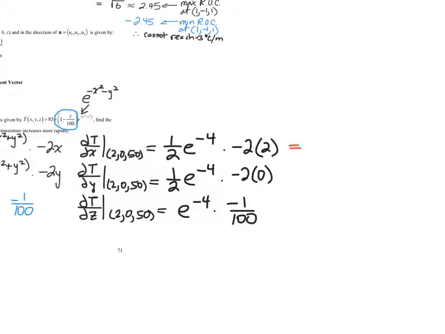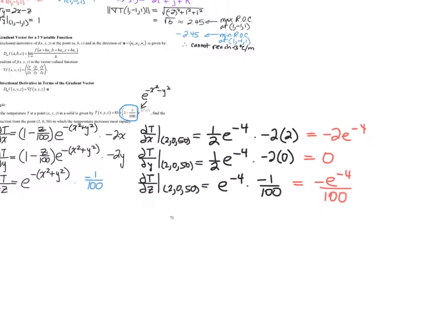So we're looking at -2 e to the -4th, 0, and negative e to the -4th over 100. Now we can clean it up a little bit by making the negative exponents positive if we want, but I don't really see any benefit to that.